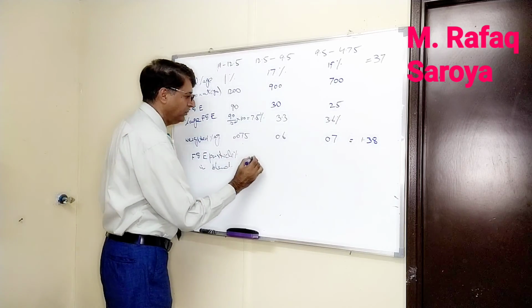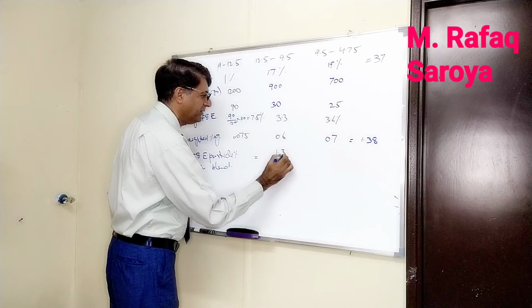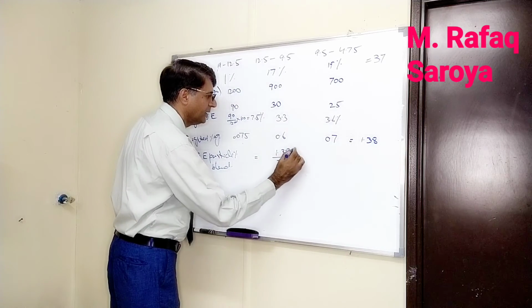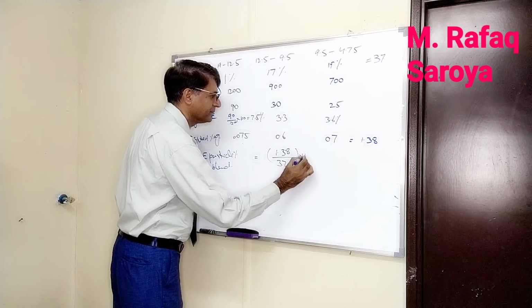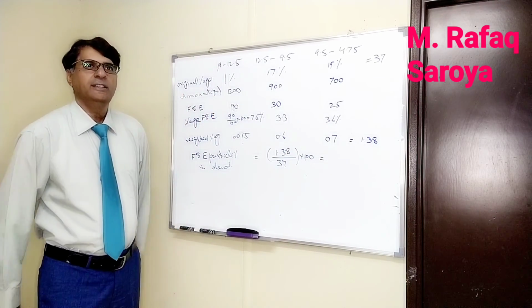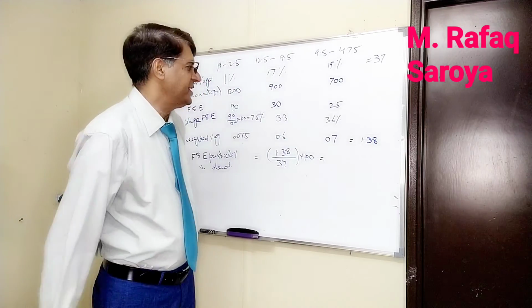Here what will I do? I will take the ratio of this value, multiply by 100. After calculating, this value comes out to be 3.7.